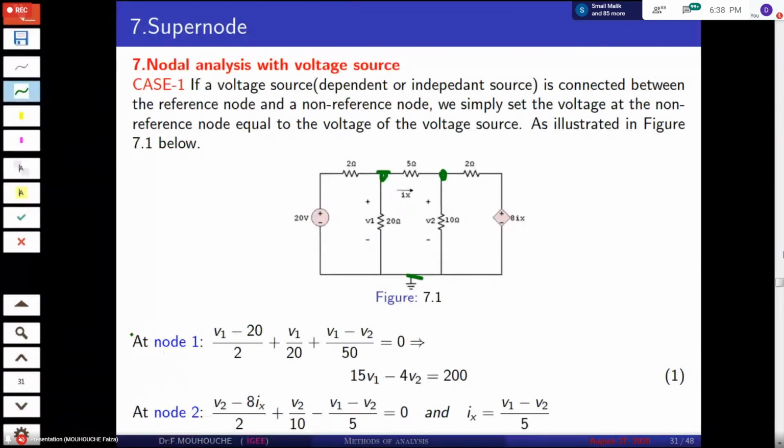For example, here at node 1 we have V1, and V2.